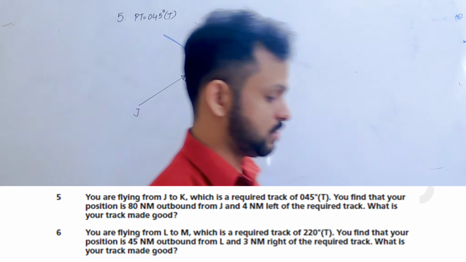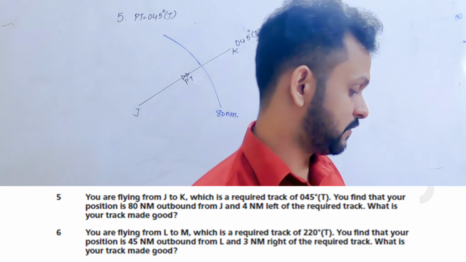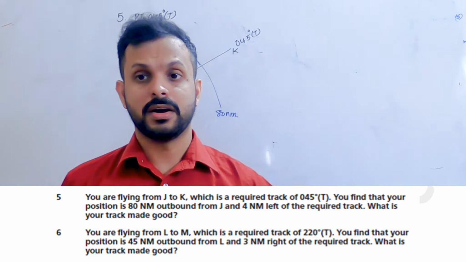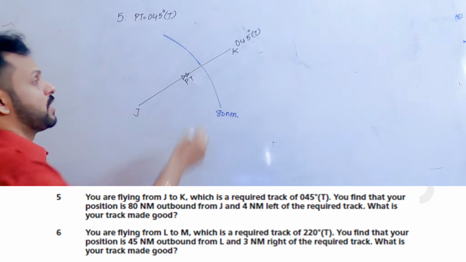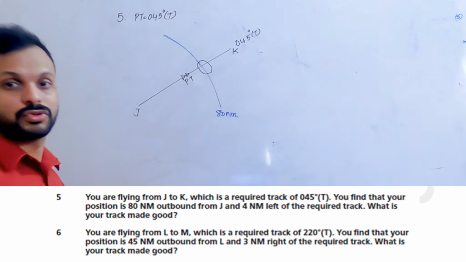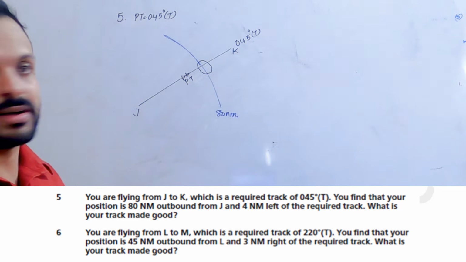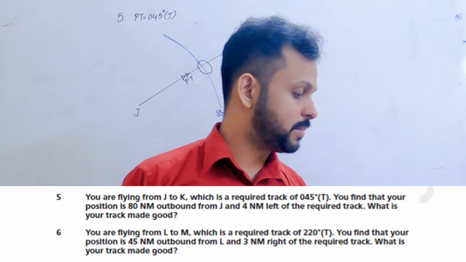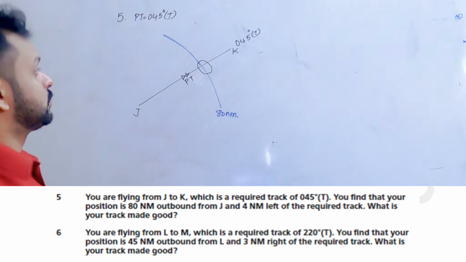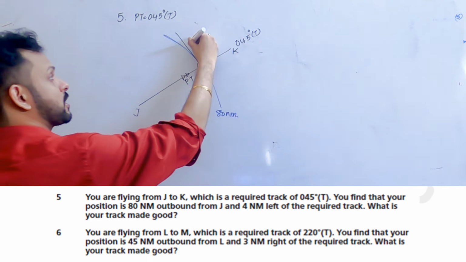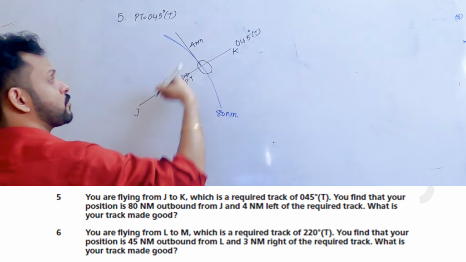Once you cover 80 nautical miles, you have a significant feature, and you find yourself 4 nautical miles left of required track. So say for example, if you have marked a lake on your chart, you're supposed to be exactly overhead the lake, but you find that you are now to the left of the required track by 4 nautical miles.